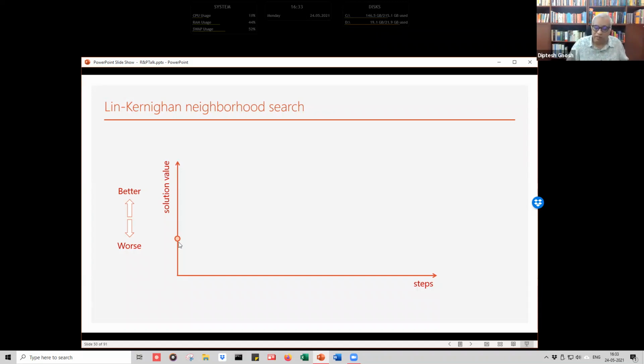So therefore, if I have the solution value, and these are the several number of steps that I take with the small neighborhood, let us suppose this is the maximum number of steps, okay? And these are the different solutions that I would get if I ran local search with the same small neighborhood multiple times. Sometimes I would get a better solution, sometimes a worse solution. Okay. So if I have my local optimization, then my local optimization will stop here after one iteration.